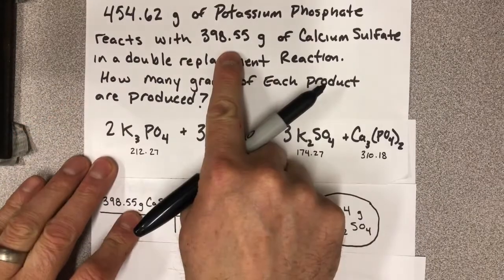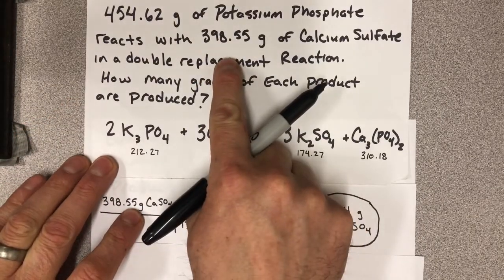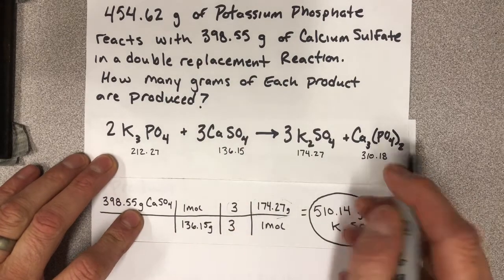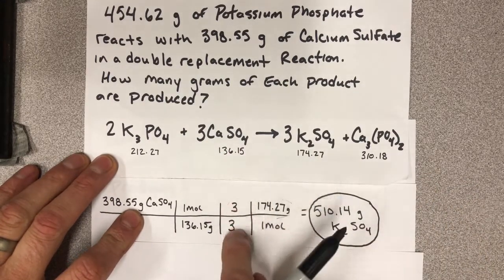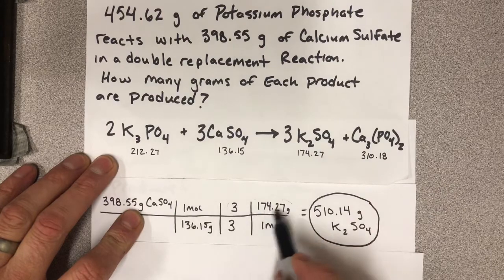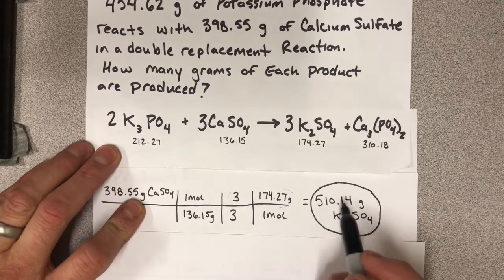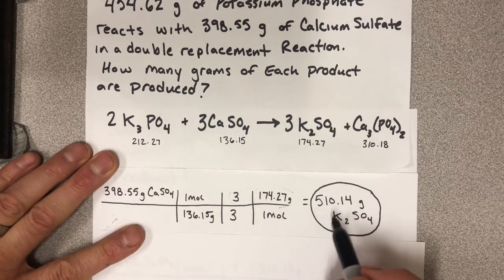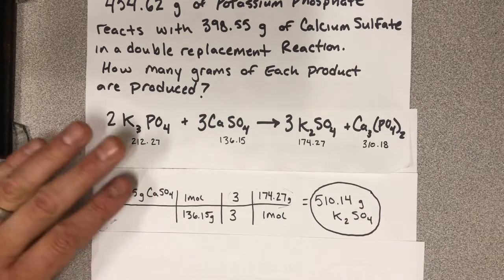That's from the problem here, right? That's the amount of limiting reactant we're starting with. Its molar mass, its mole ratio, and then here the mole ratio is the coefficient 3 and the coefficient 3 for potassium sulfate, and then the molar mass of potassium sulfate. So theoretically, based on our limiting reactant, we can make 510.14 grams of potassium sulfate.